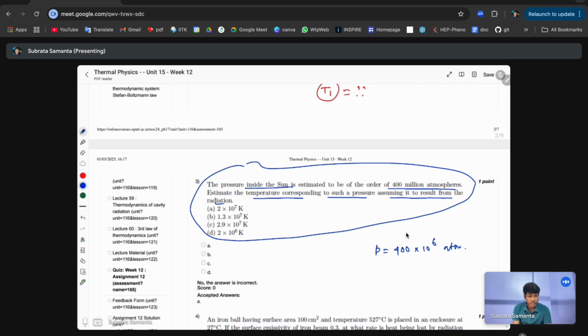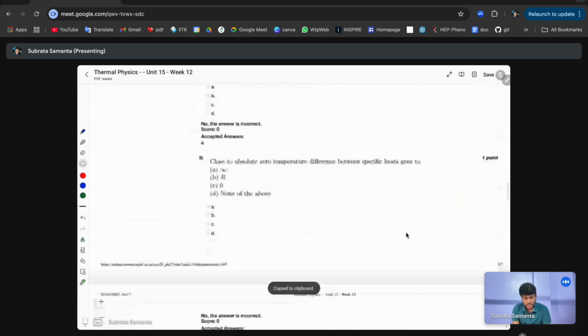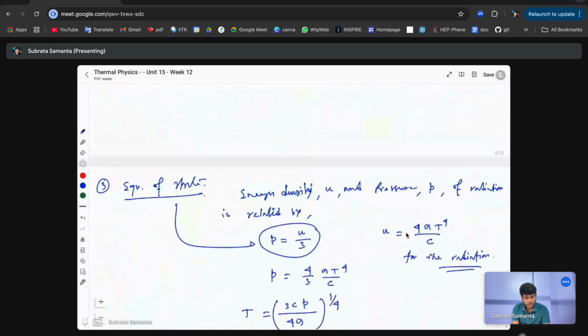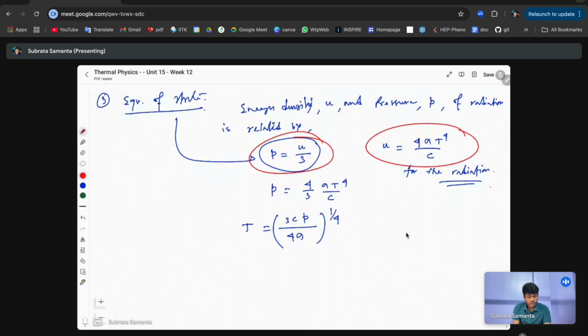If you consider black body radiation, your energy density is given by this, and the equation of state is this. So you have to calculate the temperature, where the pressure p is given.